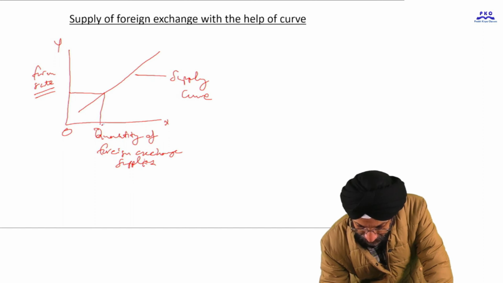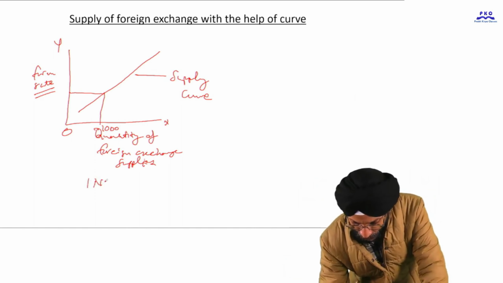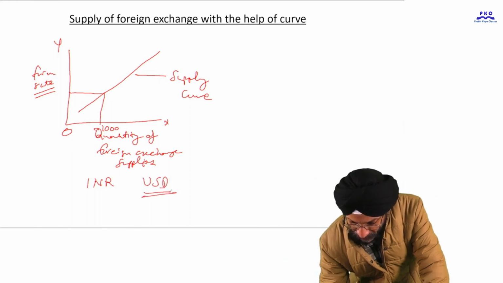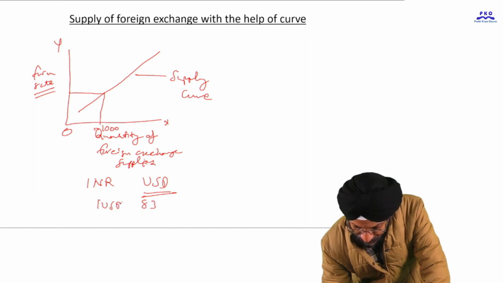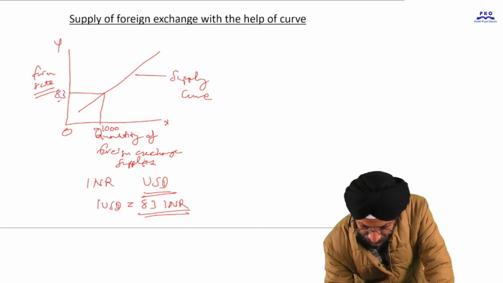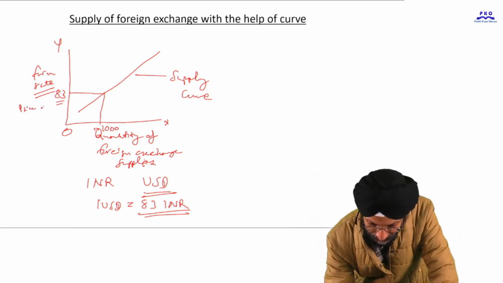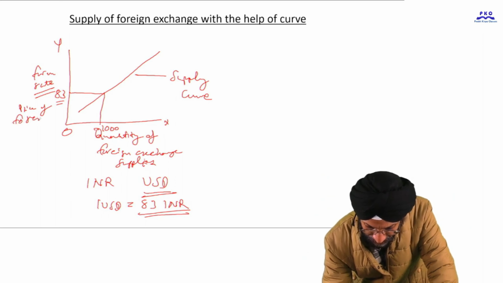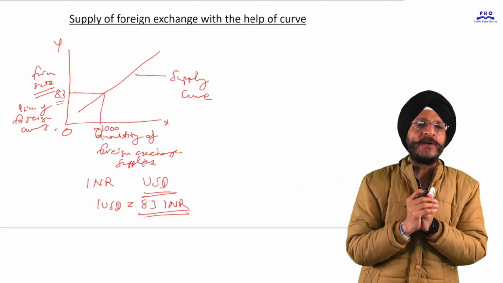Let us take the example of the Indian rupee and the US dollar. At present, suppose the price of 1 US dollar is 83 Indian rupees, and the quantity of foreign exchange supplied is 1000.